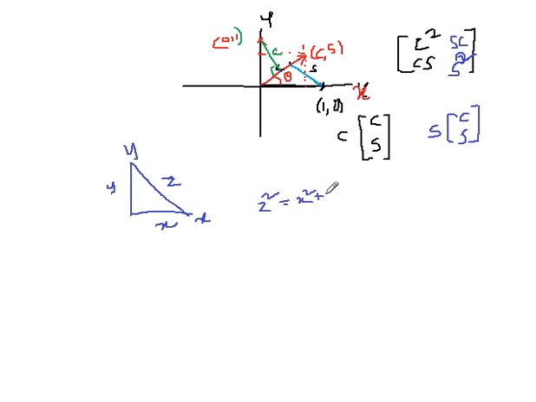And if the magnitudes of x and y squared add up to the magnitude of z squared, we know z can be found as the square root of that. If the value of z square is equal to x square plus y square, then we can say this x and y are normal to each other.